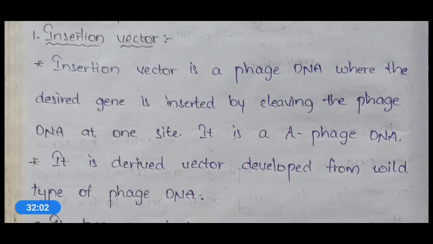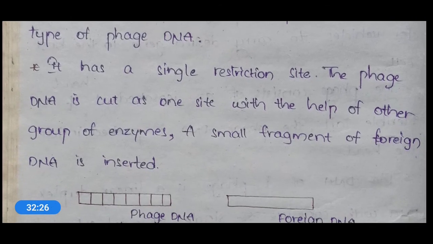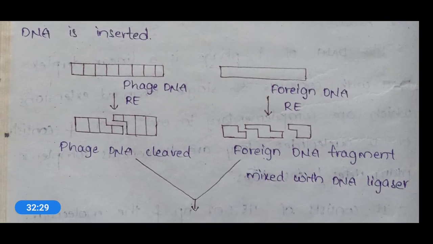It is a lambda phage DNA, and these derived vectors are developed from wild type phage DNA. So if you see the diagram, you can have a better idea.